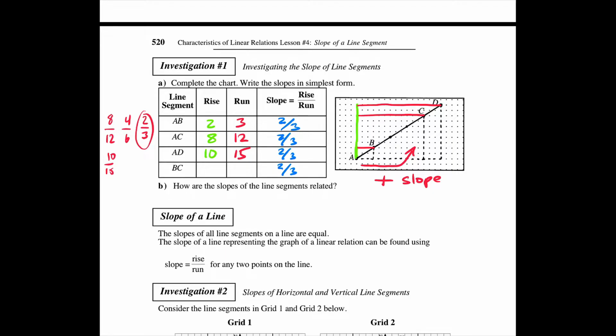If I divide the top by 5, I'm going to end up with 2. And if I divide the denominator by 5, I'm going to get 3. And there we go. Back to our slope that we already determined before we started this investigation. So if we follow the same pattern, no matter what is here and what is here, it should simplify to a slope of 2 over 3.